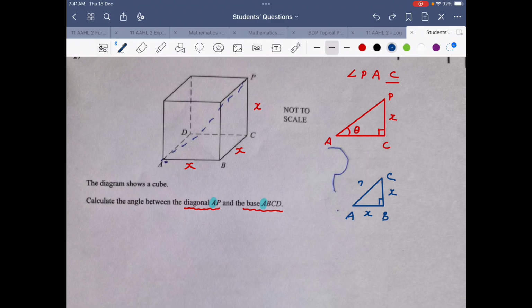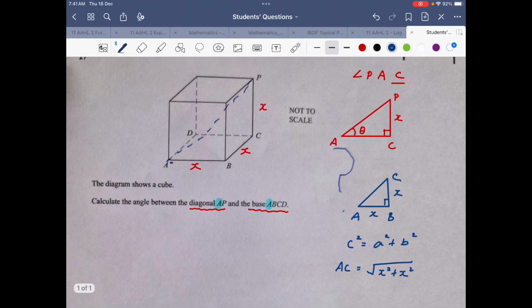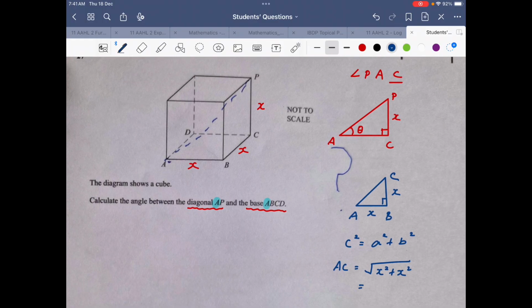To find AC in a right angle triangle, we could apply Pythagoras theorem. It will be c squared equals a squared plus b squared. So to find AC, it will be the square root of x squared plus x squared, and that will be the square root of 2x squared, which is root 2 times x.